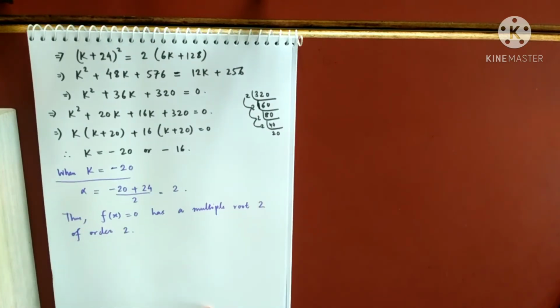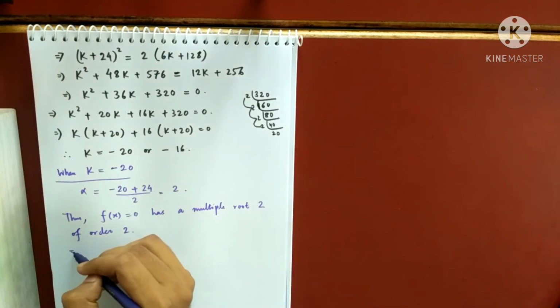But you have to find all the roots. I have calculated only two roots, 2, 2. But what was the degree of the equation? The degree of the equation was 3. So how many roots are possible? 3 roots are possible.